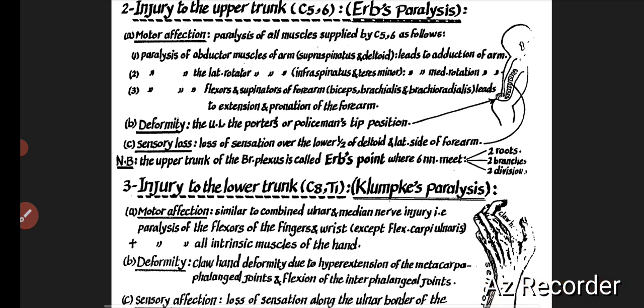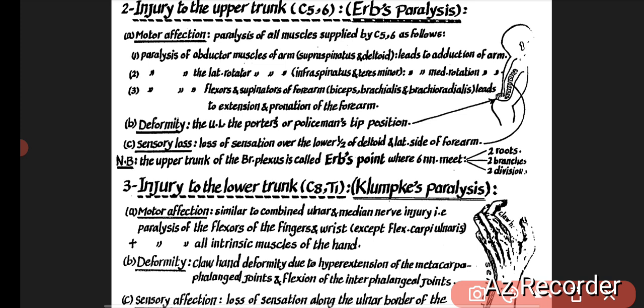What is Erb's palsy? Erb's palsy is the injury to the upper trunk. Upper trunk means C5, C6. And injury to the lower trunk is known as the Klumpke's palsy. Lower trunk means C8 and T1.